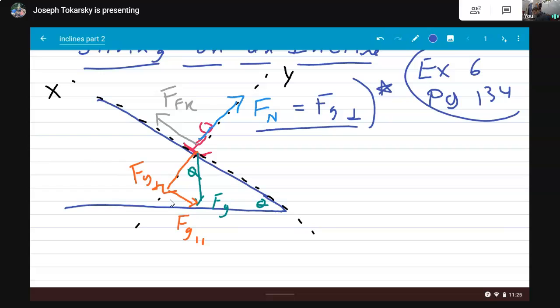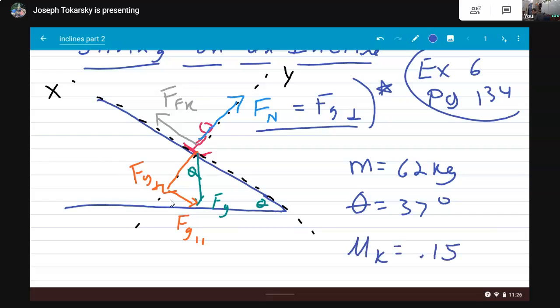We were given the mass of this person. I'll list my givens over here: 62 kilograms. We were given that the hill is sloped at an angle of 37 degrees. The coefficient of kinetic friction between the skis and the snow, mu sub k, is 0.15.